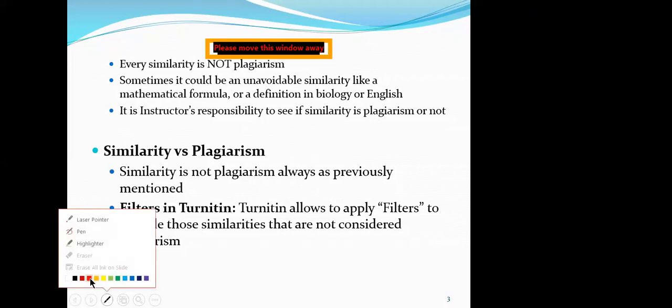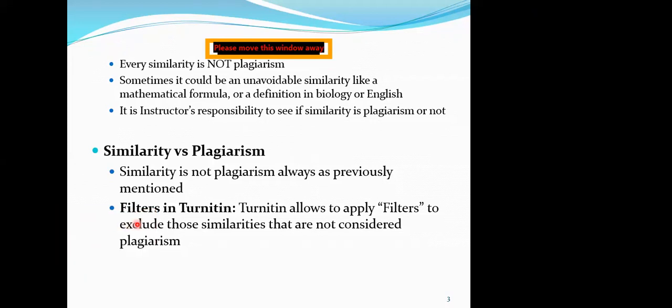These are basically options in Turnitin which allow us to exclude those similarities which are not considered plagiarism. For example, if I am using a term 20 or 30 times in my paper, it is very important that I exclude that particular word, or maybe 2 or 3 words, or any line or maybe a comma.